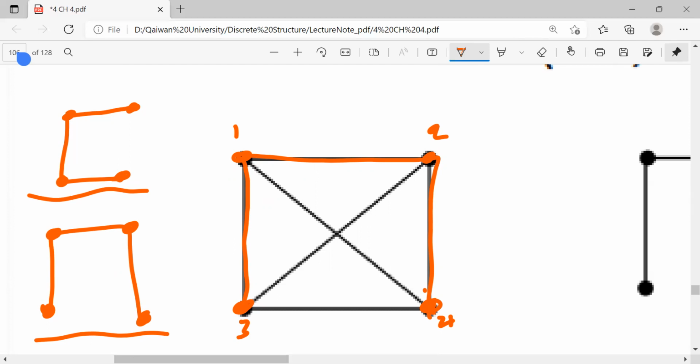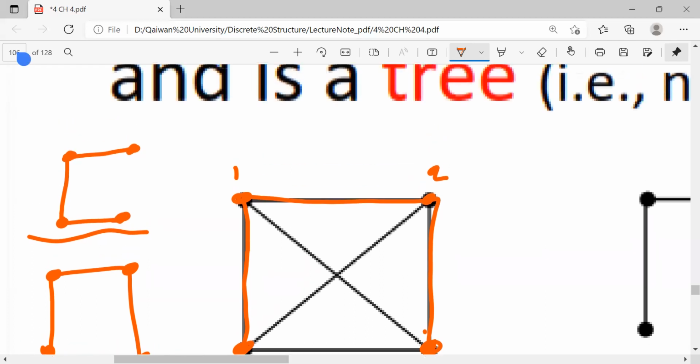As you see, the number of nodes, I mean the number of vertices, is 4, and we have 3 edges. For this one also, we have 4 vertices and 3 edges. Someone else may take it like this, this and this. As you see, it's a subgraph of the given graph.